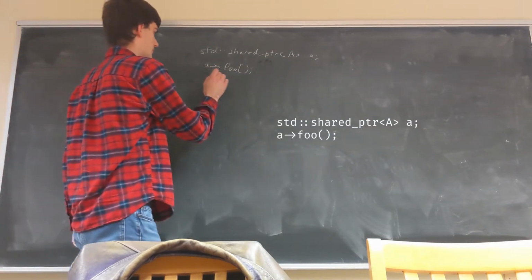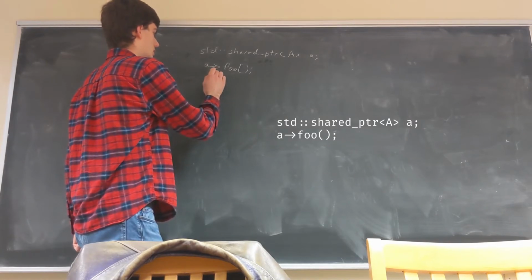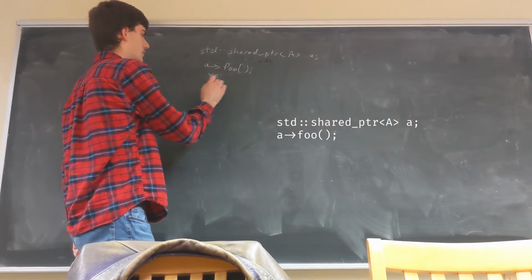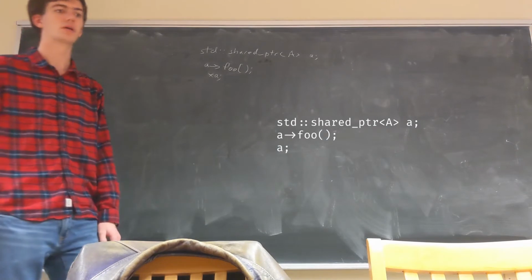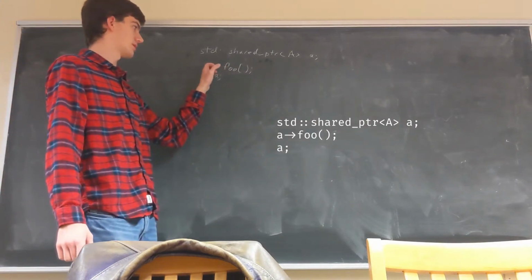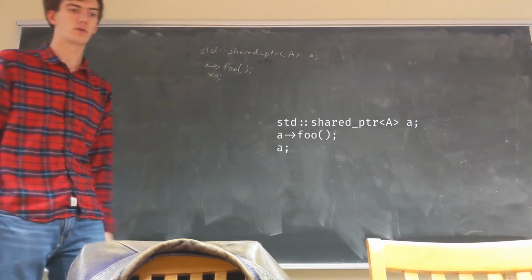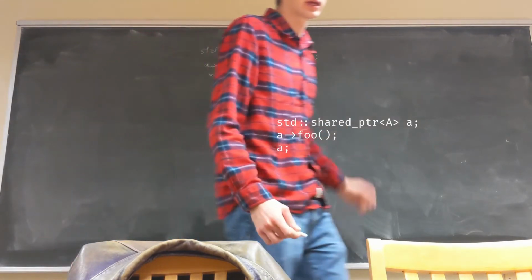You can also access the value by prefixing it with a star, just like a pointer. And the way it works is those are both operators that are overloaded by that class.